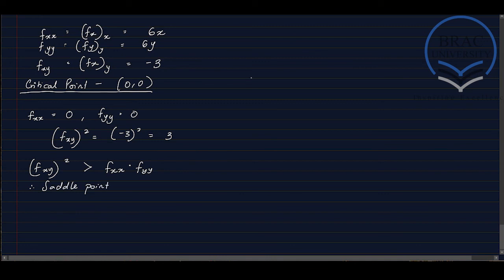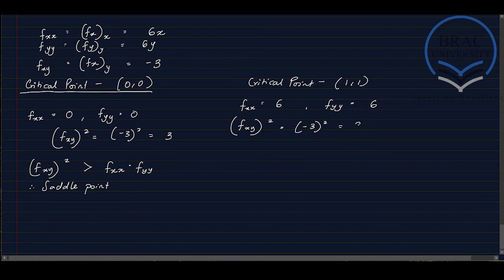Now moving to critical point 2, which is (1, 1), we see that fxx is 6, putting x equals 1 over here, and similarly fyy is also 6, and fxy whole squared is (negative 3) squared, which equals positive 9.